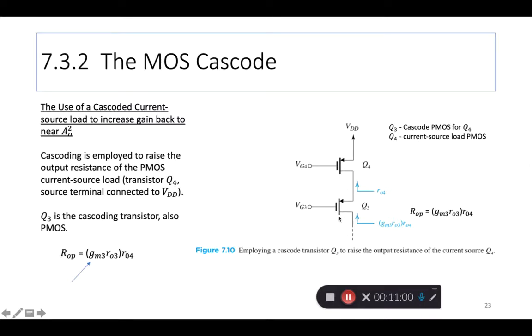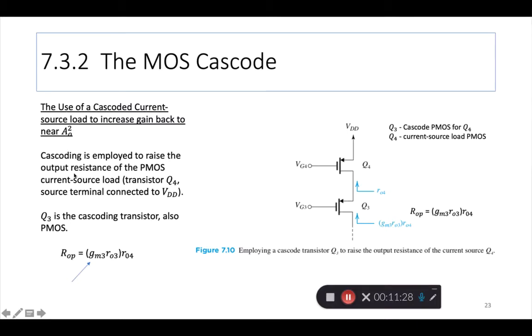It is also cascaded. So if it picks up another partner transistor, which is also PMOS, by the way, a cascade transistor, then we really get all the benefits of cascading. So this topic is the use of a cascaded current source load to increase the gain back to near A0 square.